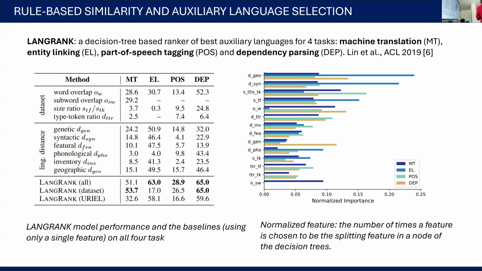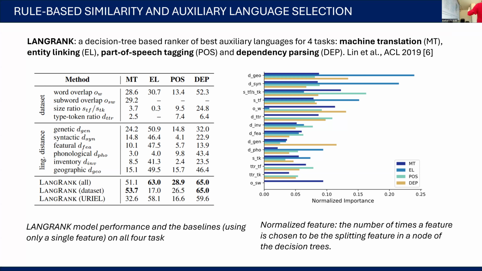So basically they trained models, and based on the results, they trained this ranker of languages. And they did it for 4 different tasks: machine translation, entity linking, part of speech tagging, and dependency parsing. Now you will notice that these are all text-based tasks. So there is nothing quite similar to it for speech recognition, to my knowledge yet.